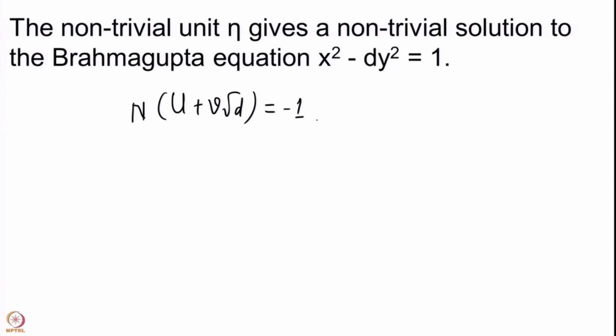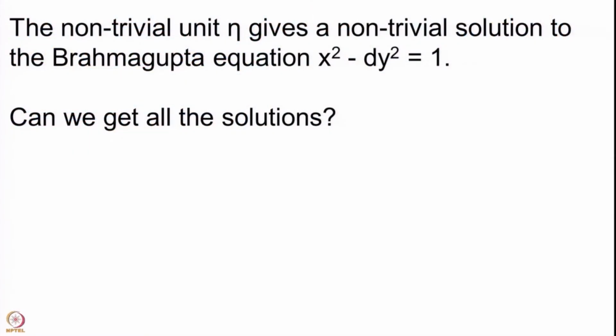If the norm is minus 1, then the norm of the square is going to be plus 1. If eta, which is u plus v root d, is a non-trivial unit, its square is also non-trivial. That cannot be trivial because then eta would have finite order. So, eta squared will give you a non-trivial solution to the Brahmagupta equation.